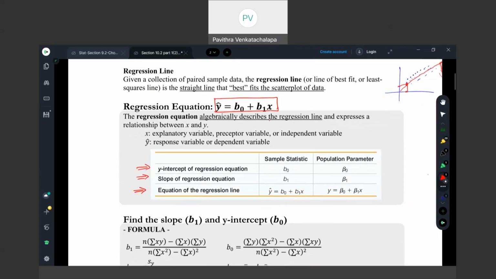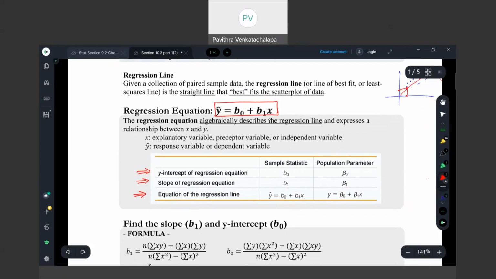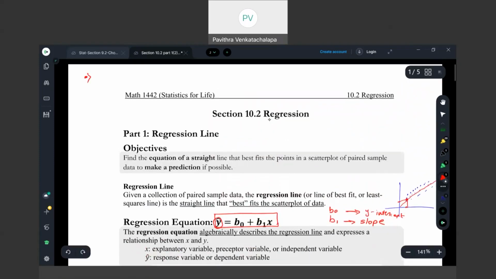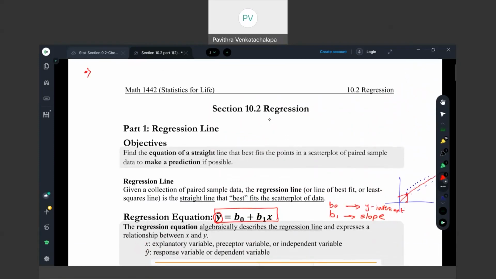As I said here, b1 is called the slope, b0 is called the y-intercept, and this ŷ we call the equation of the regression line. Now just to give you a look at this slope and y-intercept, let me draw a plot.